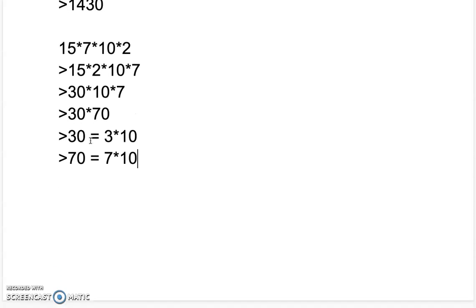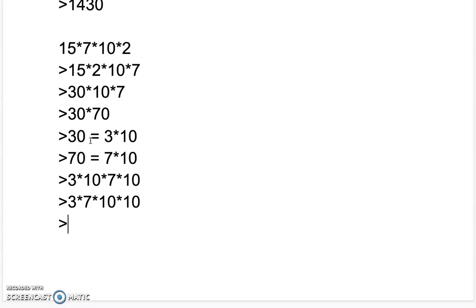So we replace 30 with 3 times 10, and we replace 70 with 7 times 10. Then we can use the commutative property again to switch. We get 3 times 7 times 10 times 10.